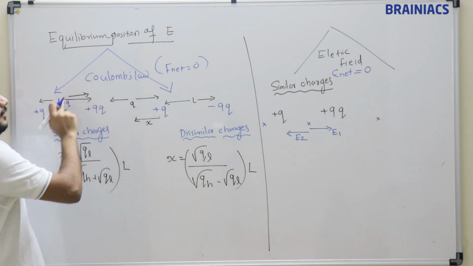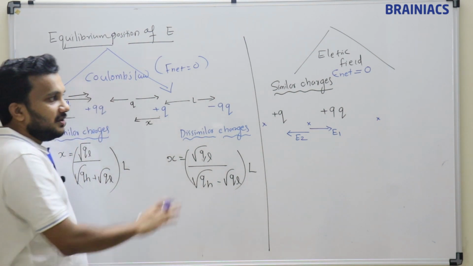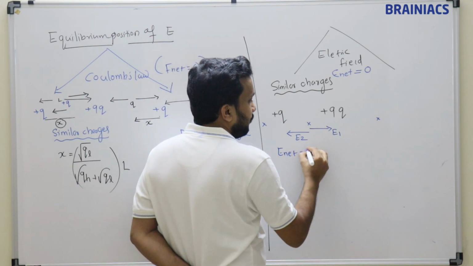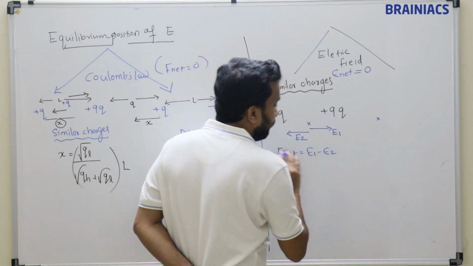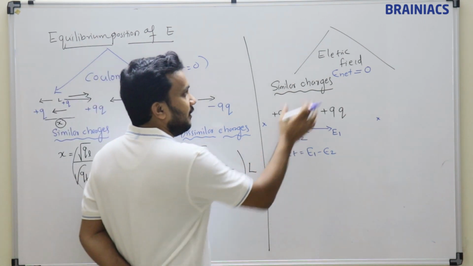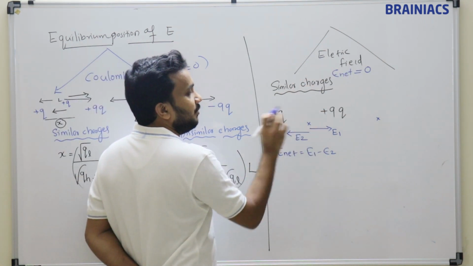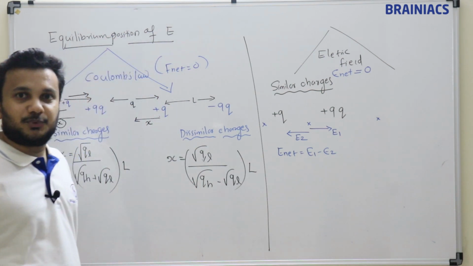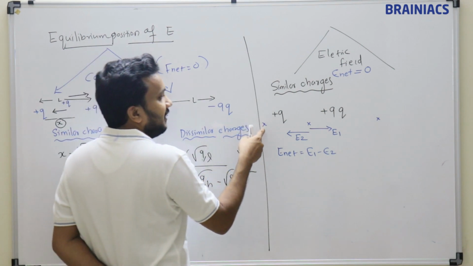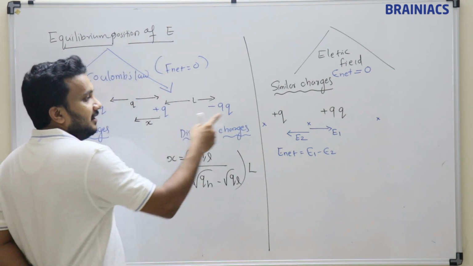So here also the total electric field intensity E net will be equal to 0 because E1 minus E2, both are equal, means electric field will be equal to 0, which means this is an equilibrium position of electric field intensity.